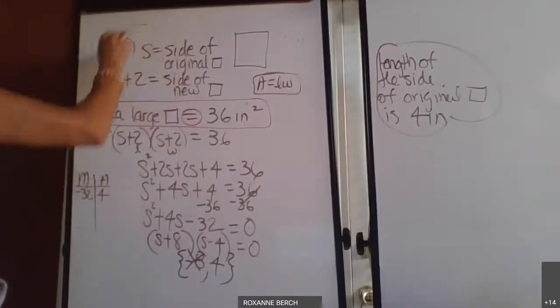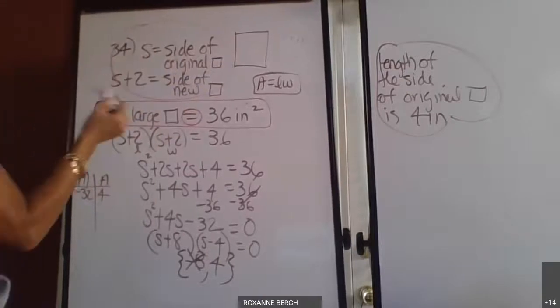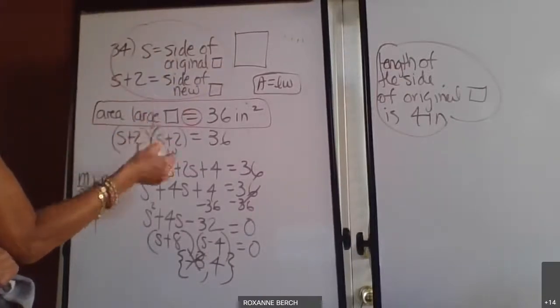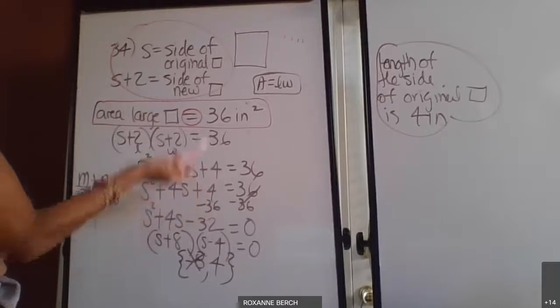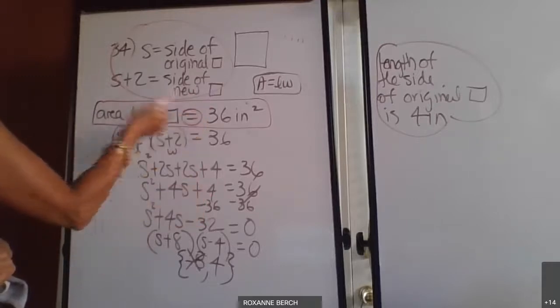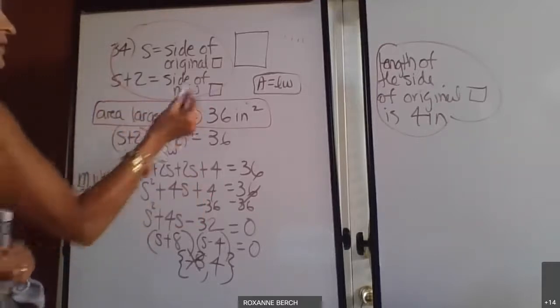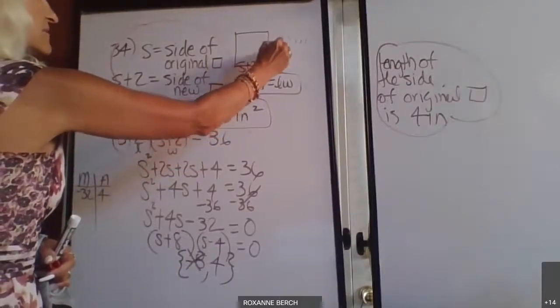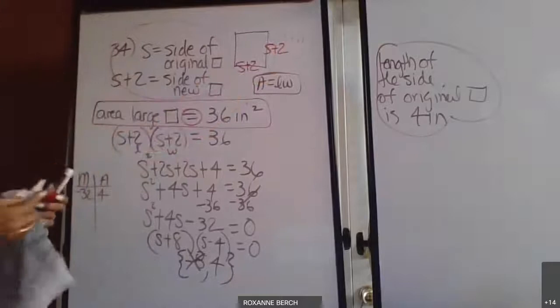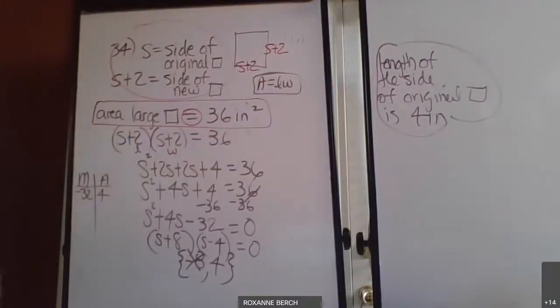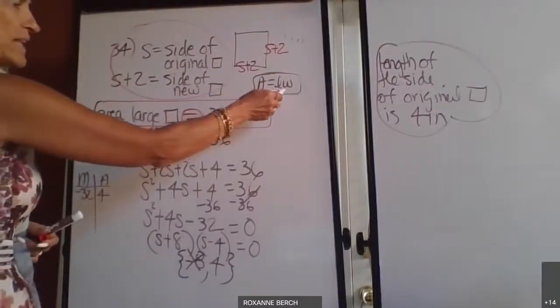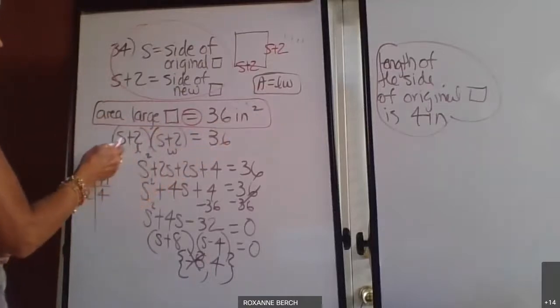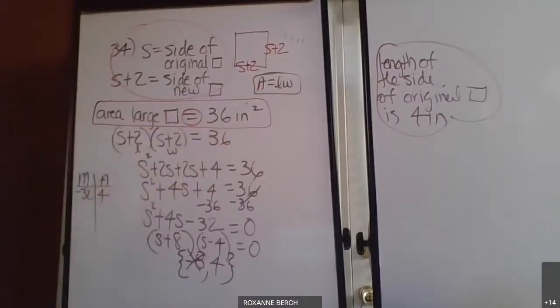And then you have to use this information to represent the area of the large square. Well, if a side of the new square is S plus 2, a square has the same sides, right? So if we were trying to find the length times the width, it would be S plus 2 times S plus 2. That's the length times the width.